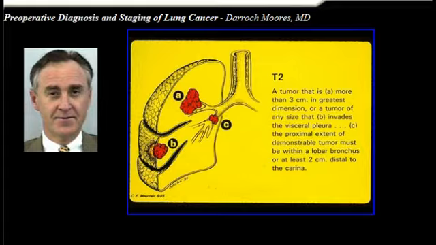A T2 tumor is a tumor that is greater than 3 centimeters in diameter, or a tumor of any size that invades the visceral pleura. Proximal extent of the tumor must be at least 2 centimeters distal to the carina.